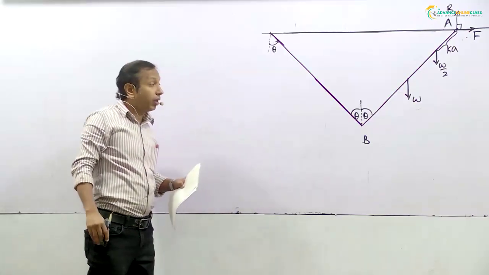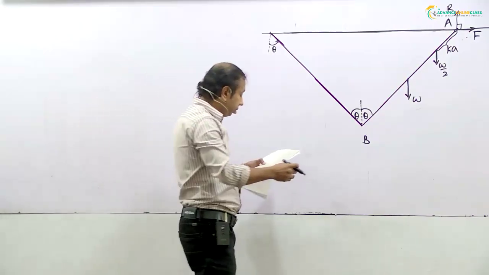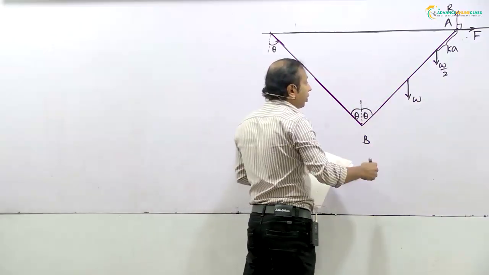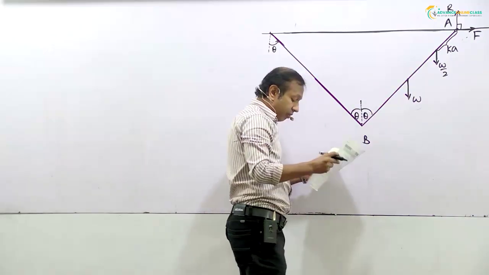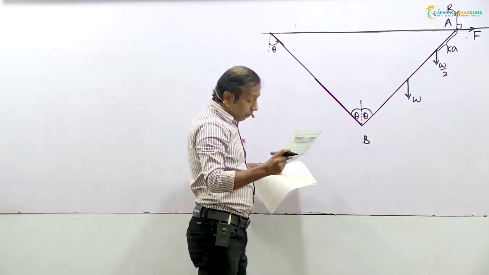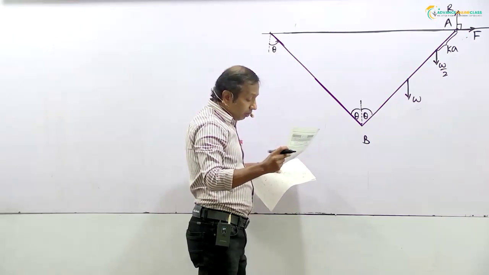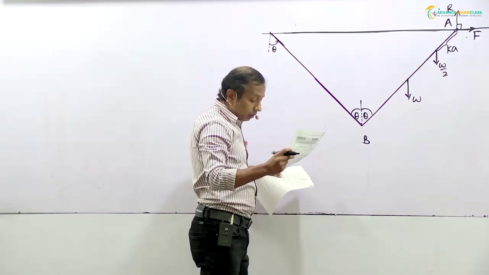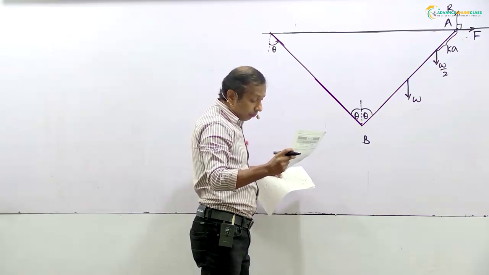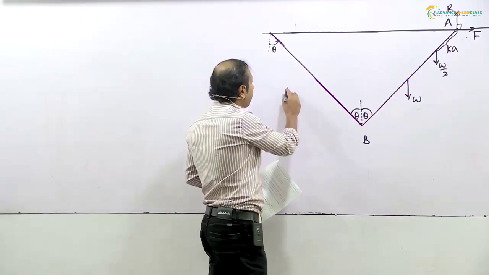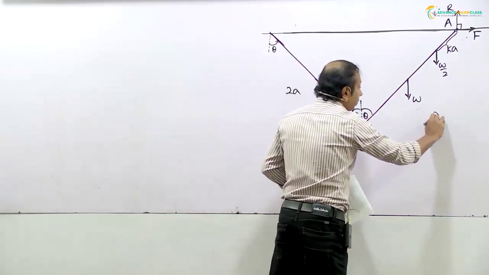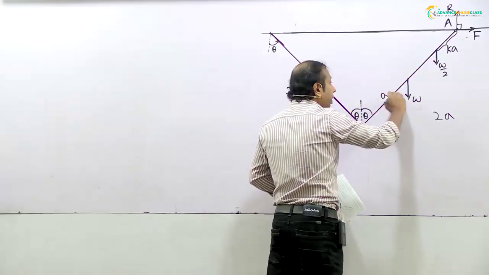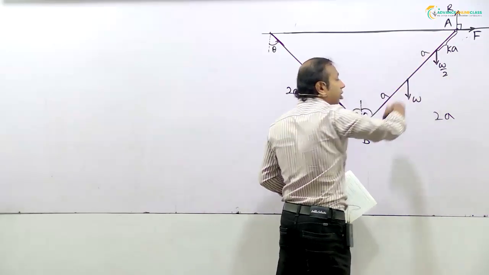And the length of the rod is 2a, as given. Rod AB of weight W and length 2a has a light elastic spring of length 2a. This is also 2a, this is a spring, and this is also 2a. Here a, this is also a because this is a uniform rod.